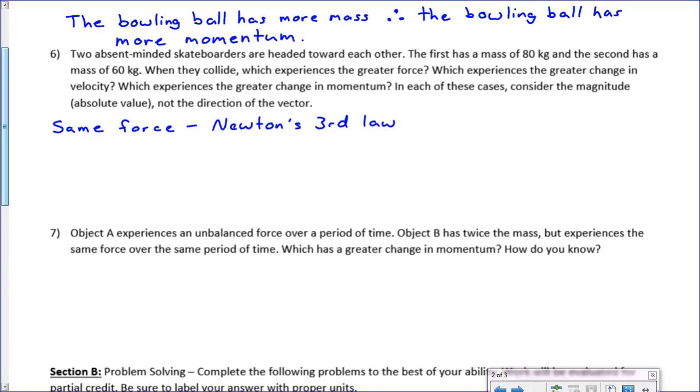They also have the same change in momentum, because the law of conservation of momentum says that whatever momentum one of them loses, the other one gains. So this one is the law of conservation of momentum.